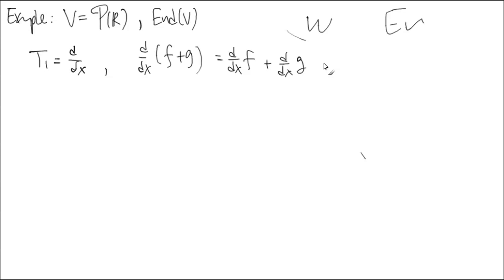Different order of operation, right? Add first, differentiate later versus differentiate first and add later. Different order of operation is now a fancy term. What is that? Linear. The operation we're doing is actually a linear operator, right?